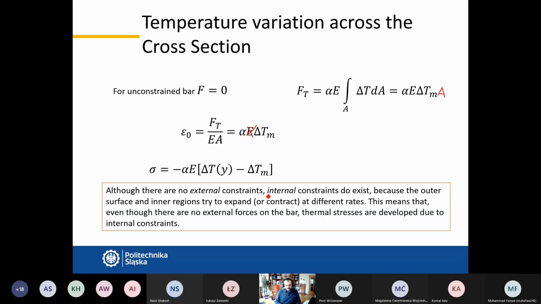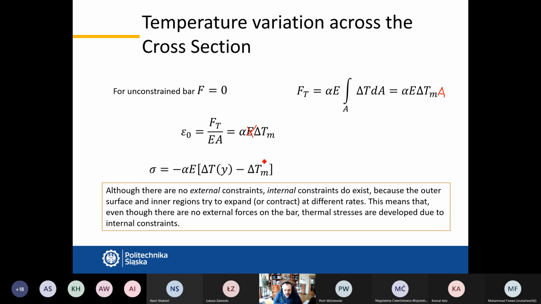And we can say, look at this, there is no constraint, nothing acts on the body from exterior, but we observe here stresses, and the stress is a function of y.